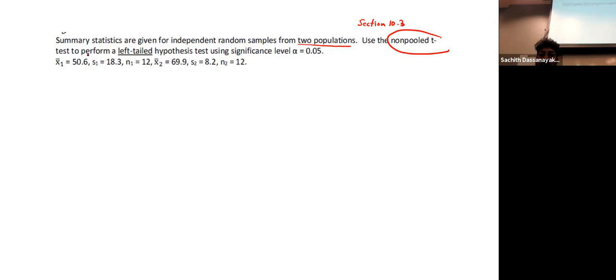Alpha is given, x1 bar, x2 bar given, s1, n1 given. So everything is given. Since you have s1, s2, you know what to do, right? This is about the non-pooled t-test.